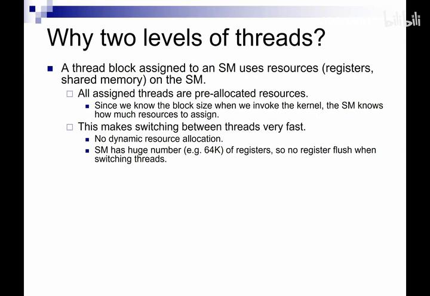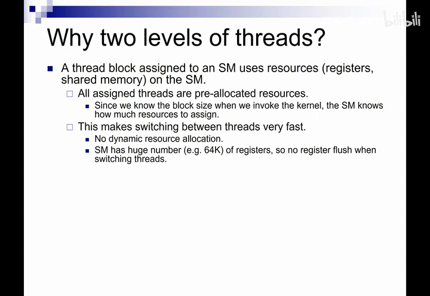Since we know the number of threads per thread block, we know the total number of registers that the thread block needs. There are other types of resources like shared memory, which I'll talk about later, but we can also know at compile time how much of these other resources the thread needs.